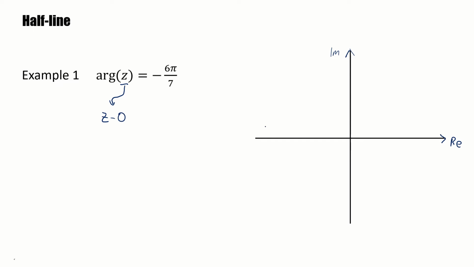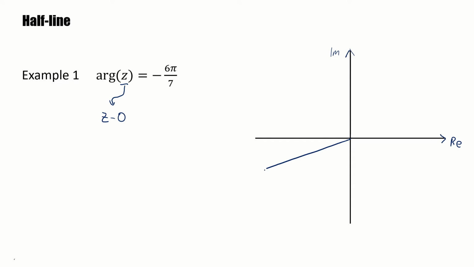Now, a reminder, a minus argument means it's going clockwise. So therefore, if we start at the positive real axis and then go along there, then our line might look something like, let's make it look like that. There you go.